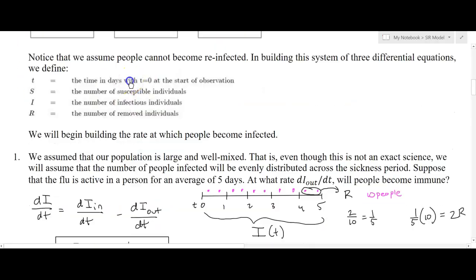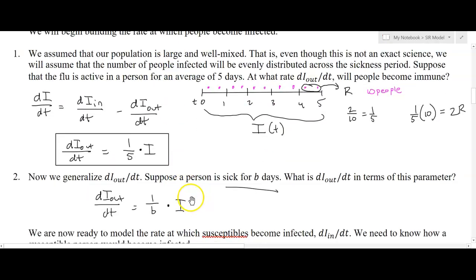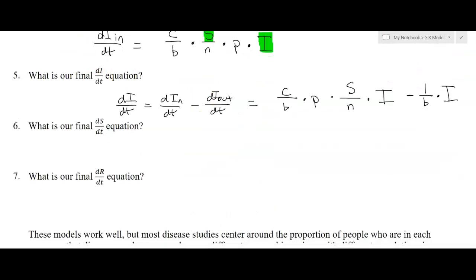And so what comes out of susceptible is what goes in to the infected group. So dS/dt is going to equal what comes in to dI/dt, which is C over B times P times S over N times I. So that's exactly what goes in to what comes out of dS/dt.